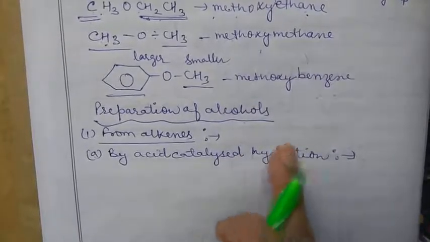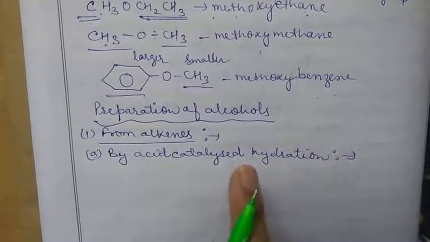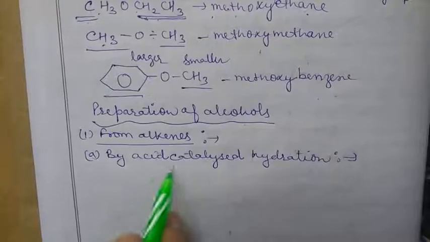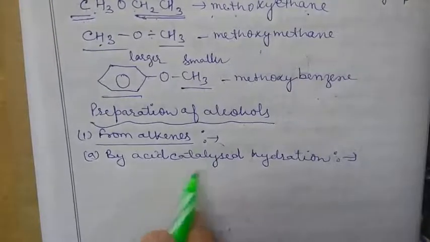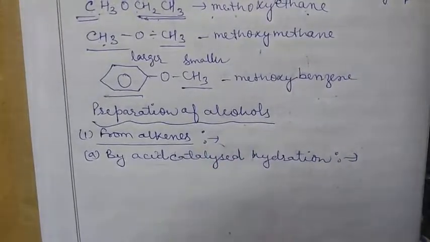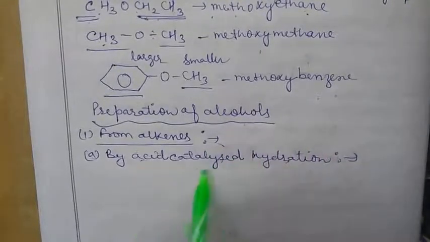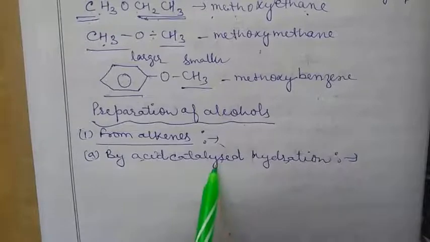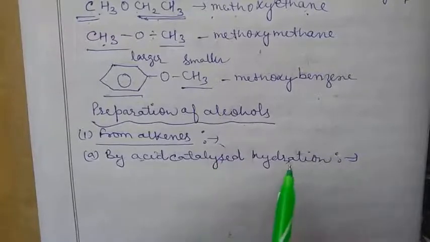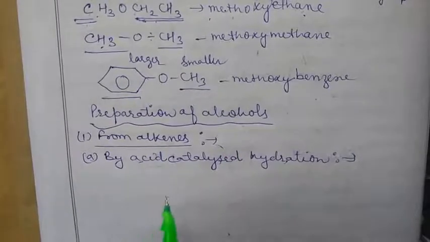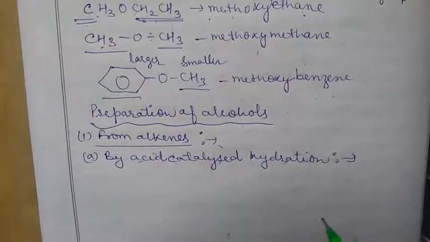The word hydration is used, that's why we are talking about water. So alkene reacts with water in presence of acid. Here the acid is used as a catalyst. It's clear from the name. Addition of water takes place in presence of acid. Catalyzed means the acid is used as a catalyst, so the alkene reacts with water in the presence of acid as a catalyst to form alcohol.